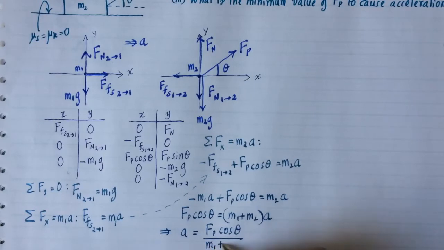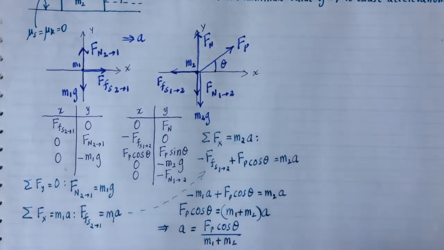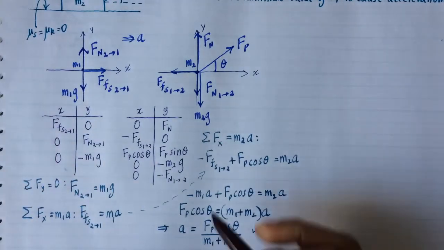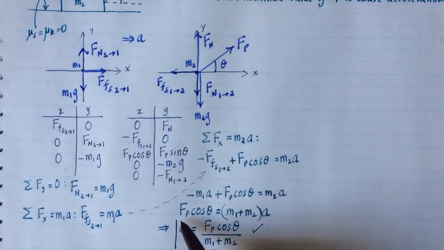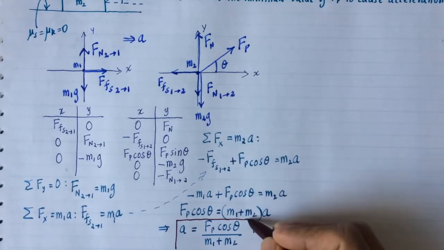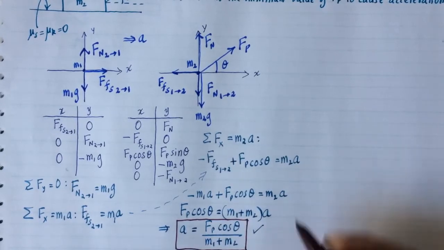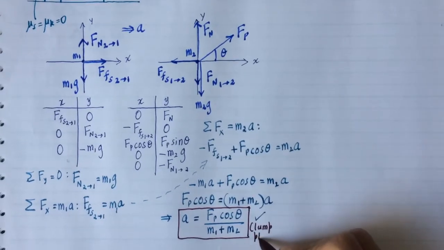Now this result you need not have struggled so much to get. You can use the lump philosophy. Since they're moving as a lump, the acceleration is obviously going to be the x component of the pulling force divided by the total mass. So that really makes sense from that point of view, from the lump philosophy. So I'll write it makes sense from the lump philosophy.